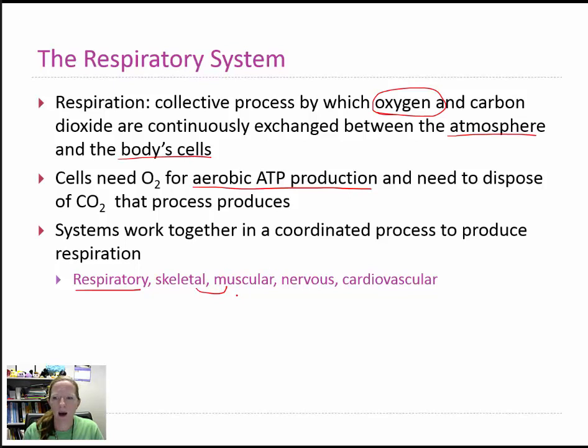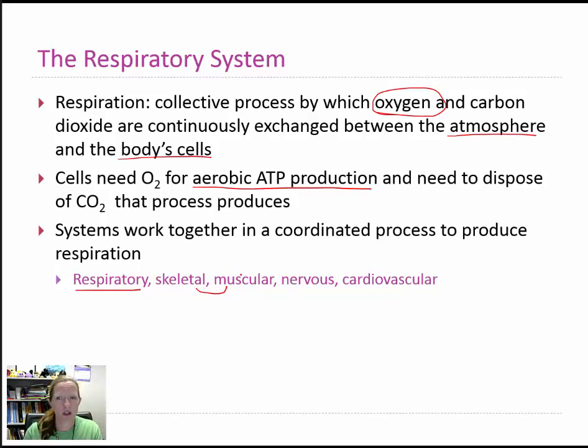We're going to talk about how contractions occur in different muscles, and this is responsible for the whole ventilation process of bringing in oxygen and getting rid of carbon dioxide. And of course, one of the functions of the skeletal system is the attachment of those muscles.